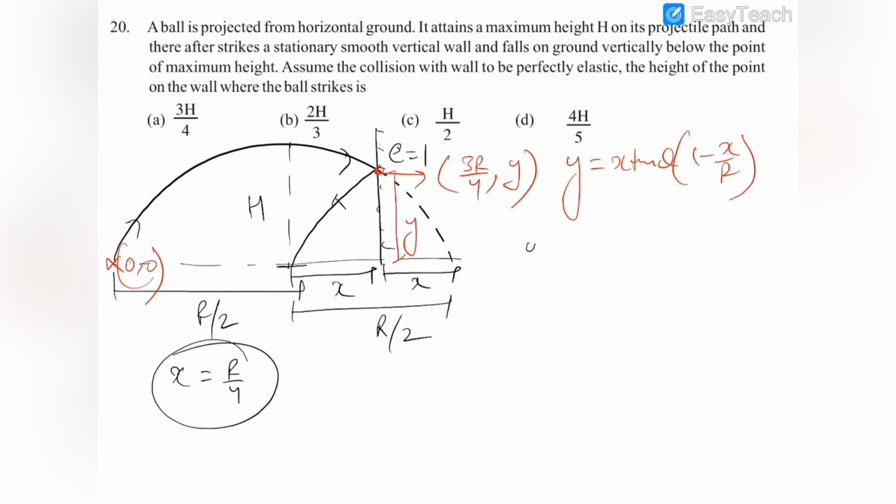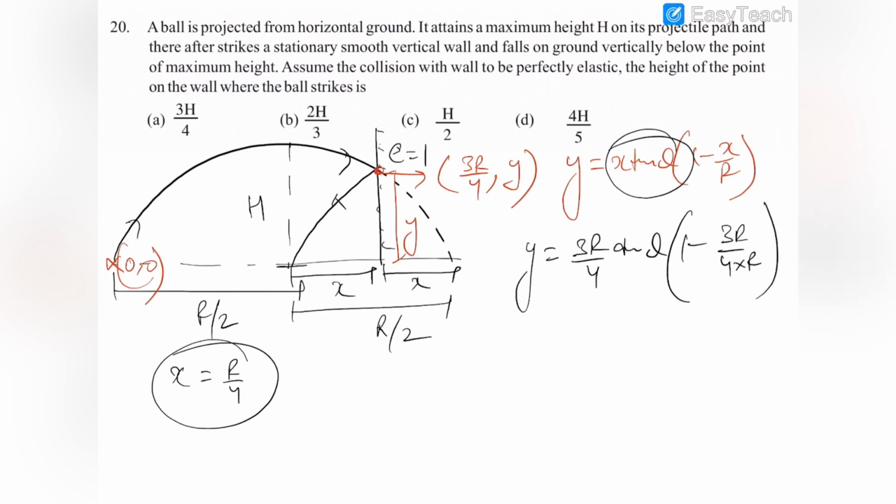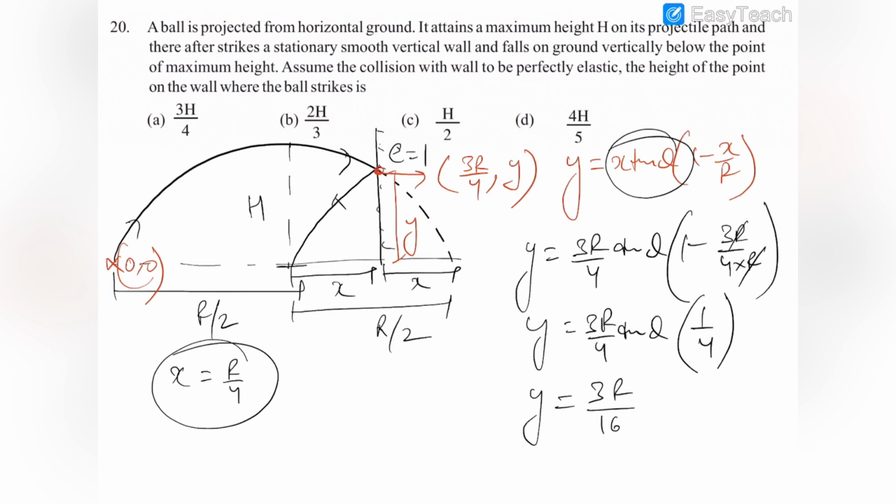So y is equal to, this is x, which is equal to 3r by 4, and this is tan theta, and 1 minus this x is 3r by 4 divided by r. So y will be equal to 3r by 4 tan theta into 1 by 4. So y is equal to 3r by 16 tan theta. Now this r is the range.